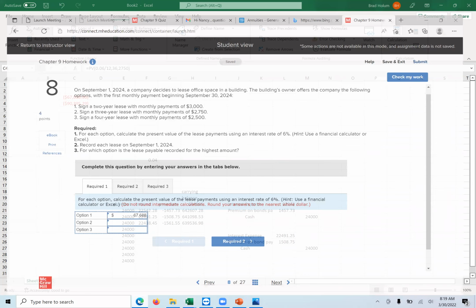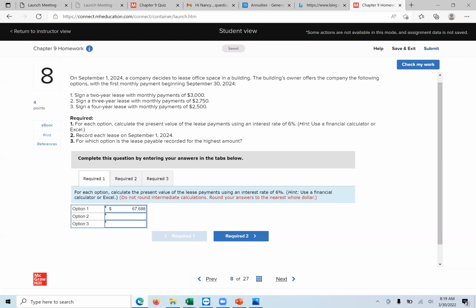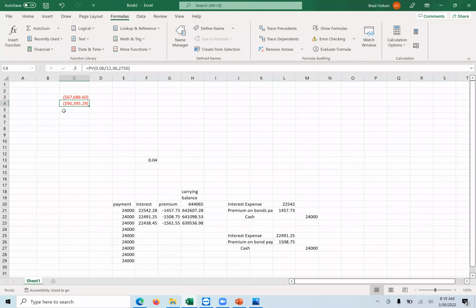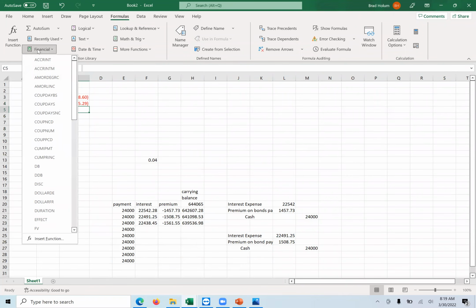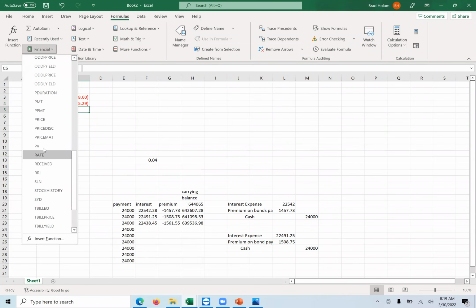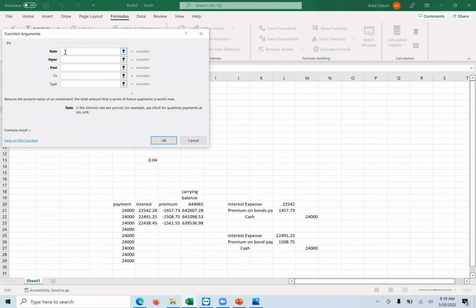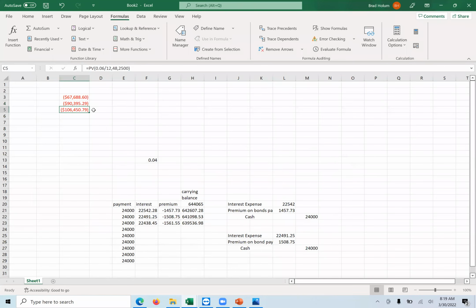Then it asks, sign a 4-year lease with monthly payments of $2,500. In that case, financial present value, the rate is 0.06 divided by 12 for 12 months, 48 months, payment of $2,500.